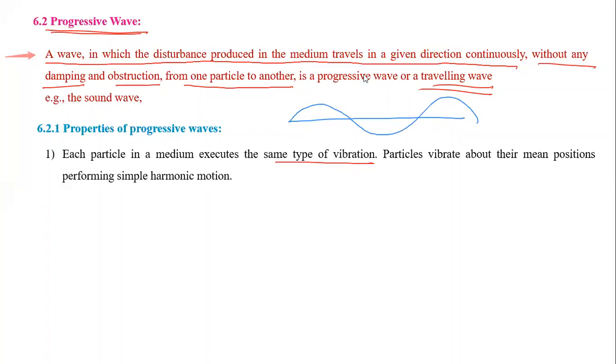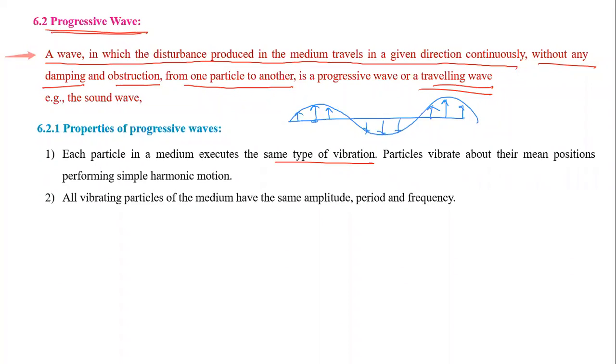Particles of the medium execute the same type of vibration. Here particles are moving upward, here they are moving downward, here again upward. So all the particles of the medium vibrate about their mean position. The same particle, after some time, starts vibrating in the downward direction also, meaning they are performing oscillatory motion.